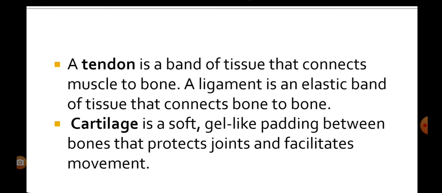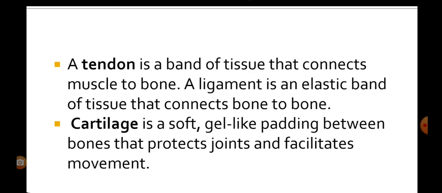The tendon is a specialized band of tissue that connects the muscle to the bone. Next is the ligament. A ligament is also a special type of tissue that connects bone to bone. A tendon is muscle to bone and a ligament is bone to bone.